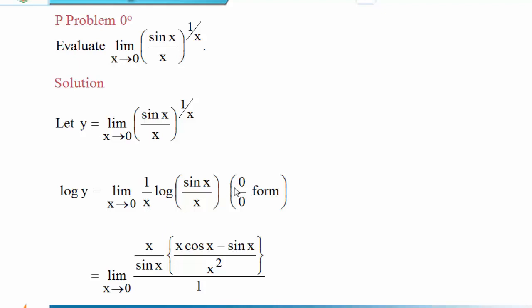Again apply L'Hospital rule, because the 0 by 0 form is there. The derivative of the denominator, the derivative of x, is 1. The derivative of log is 1 upon sin x upon x, means x upon sin x by the property of reciprocal, and the derivative of the inner function. For this we have to apply the u by v rule on this term, and we get this term.